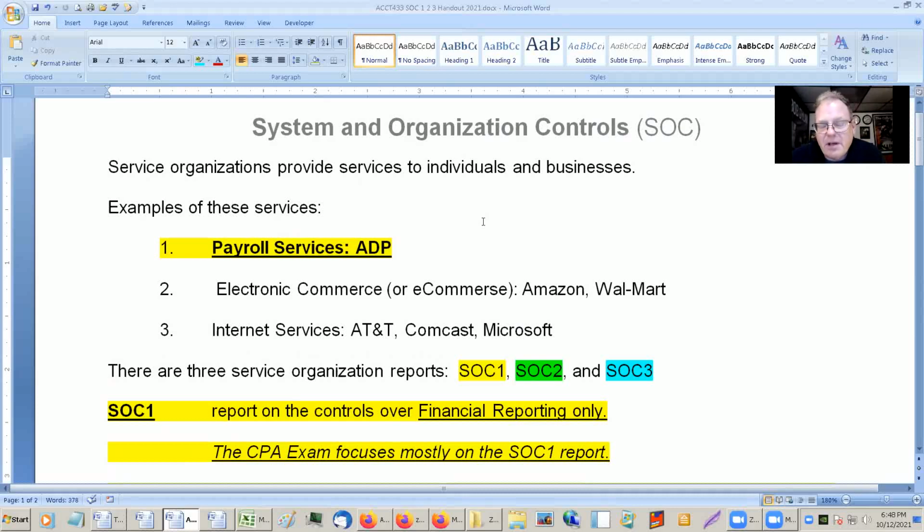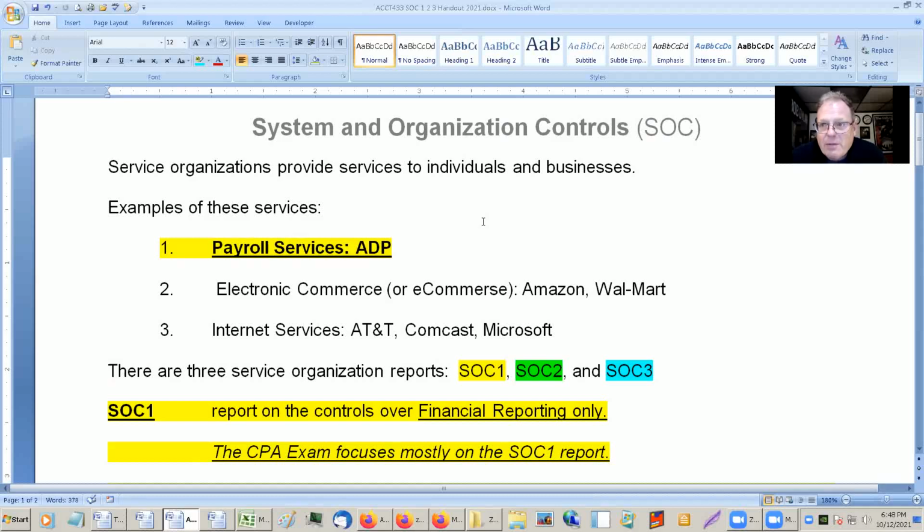So if Chase Bank has a lockbox system for you where all your customers send their money to Chase Bank for you to collect, there would be a SOC report for that, a SOC 1 that you look at. Again, the reason being you can't have a zillion auditors walking through Chase Bank looking at all their controls.